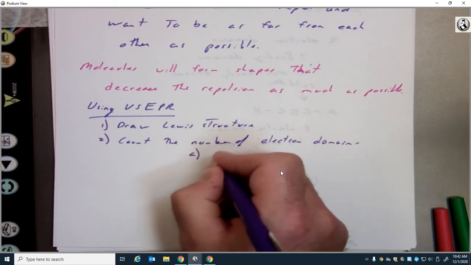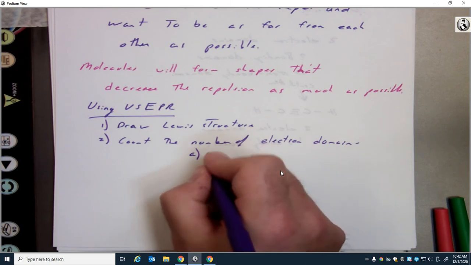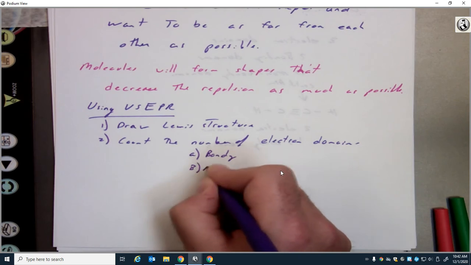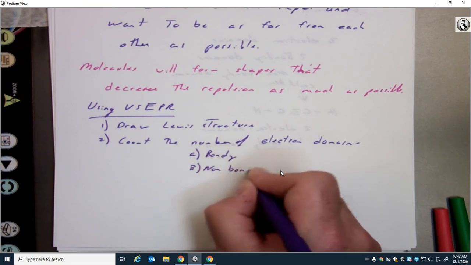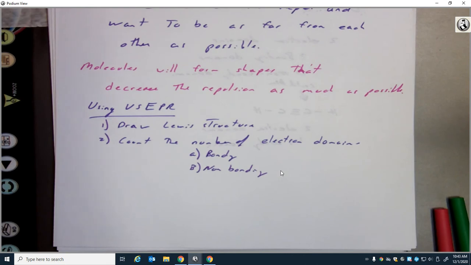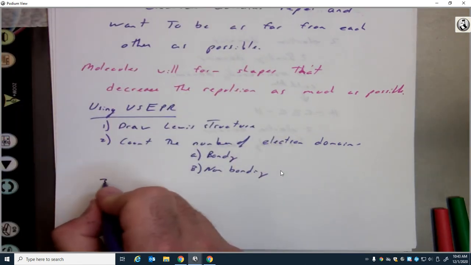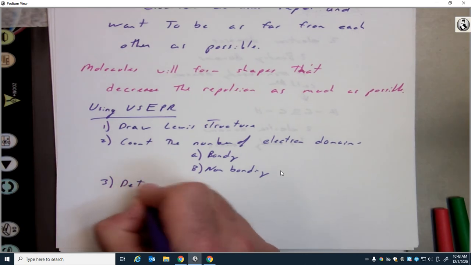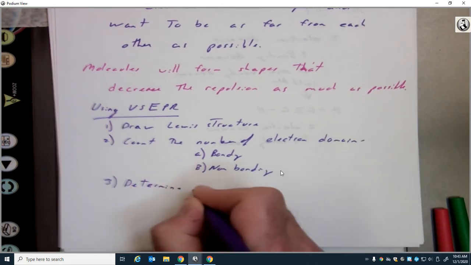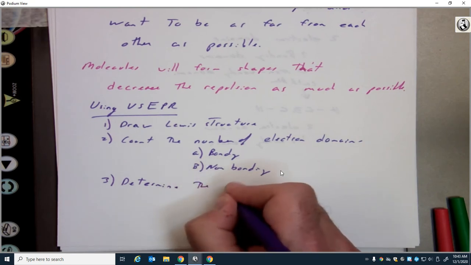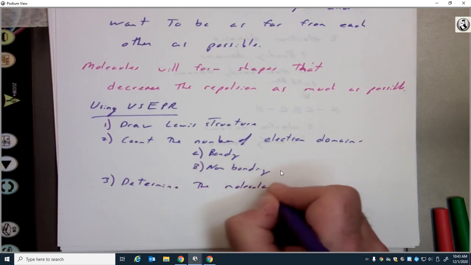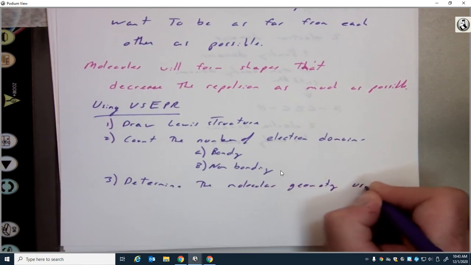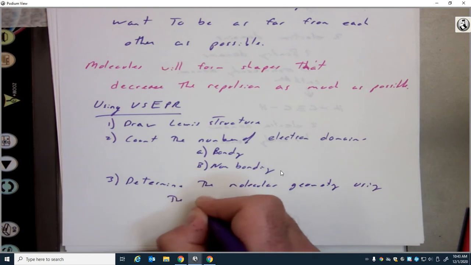Now remember, there are bonding and non-bonding domains. And then finally, we're going to determine the molecular geometry using the reference sheet.